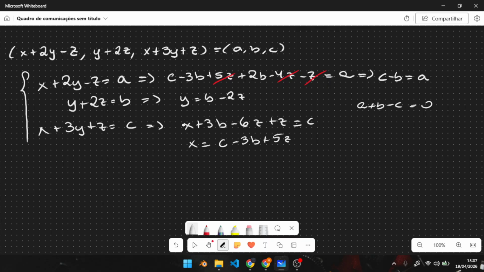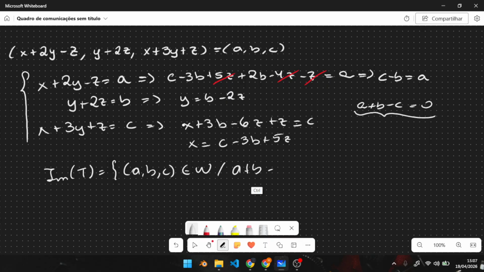The first number in the vector plus the second number minus the third one must be equal to 0. So you can say that the image of the transformation is a set of vectors (a, b, c) that belongs to W, in which a plus b minus c is equal to 0.